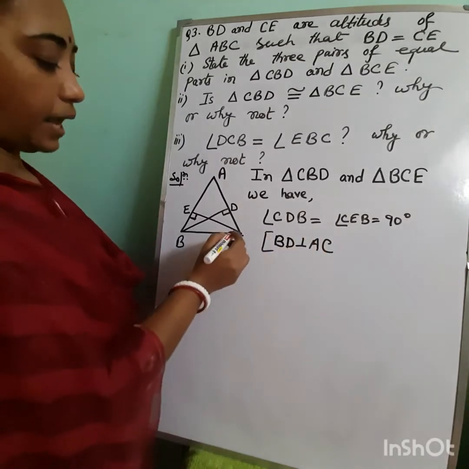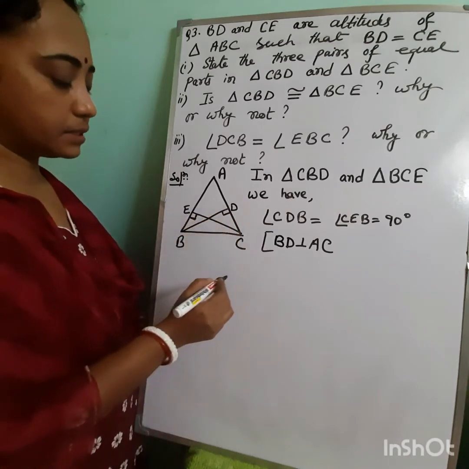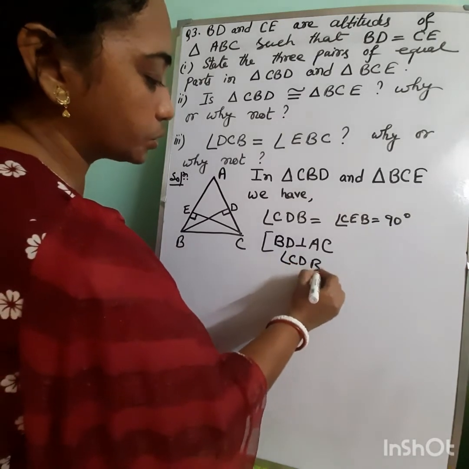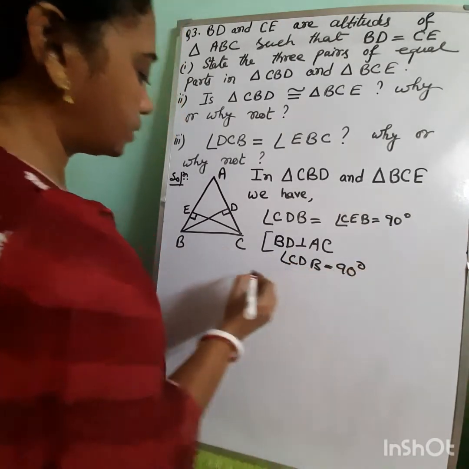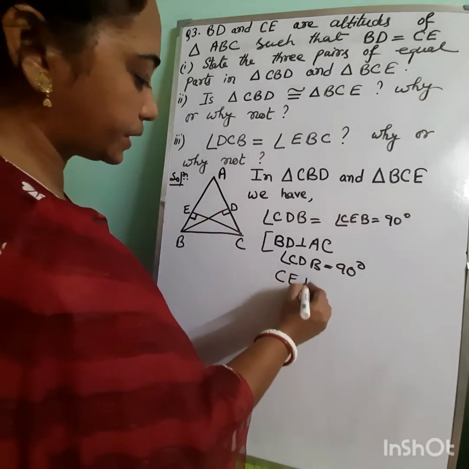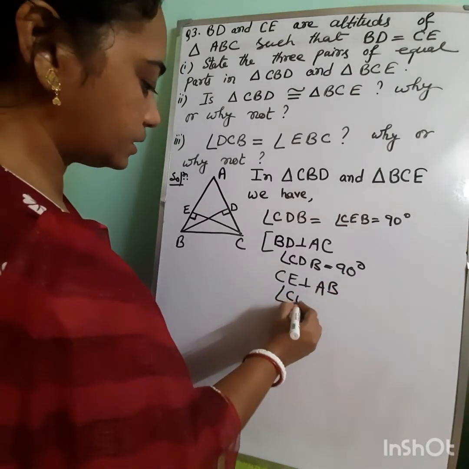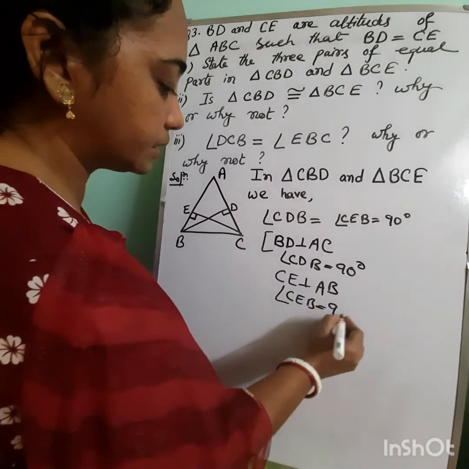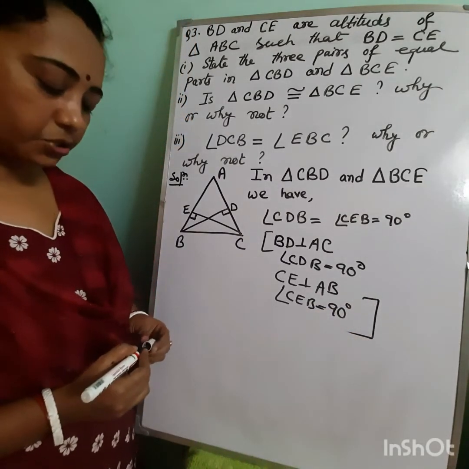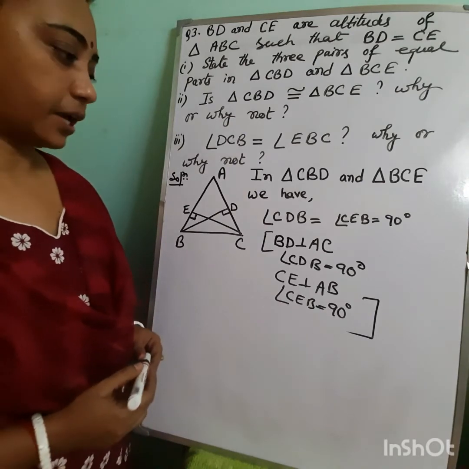That means BD will make an angle of 90 degrees with the line AC at point D. So angle CDB is equal to 90 degrees, and also CE is perpendicular to AB, so angle CEB is equal to 90 degrees. Both angles are 90 degrees because these are the altitudes of the triangles. So these two triangles are right triangles.